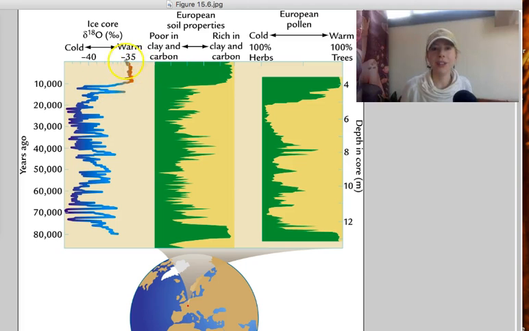And then as you get closer to present day, the ice core represents isotope ratios that show warmer conditions. We have soils that are much richer in carbon, and we have vegetation that is mostly trees.